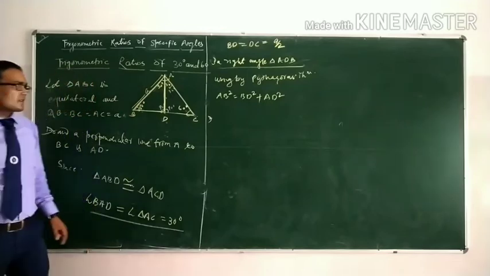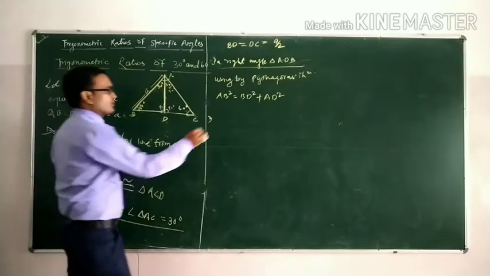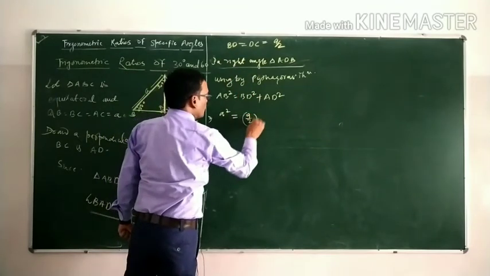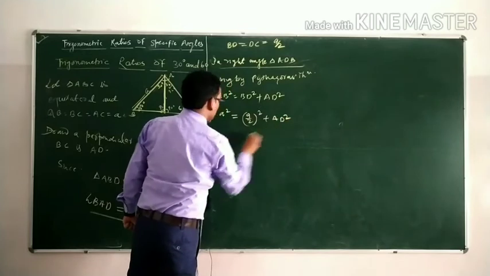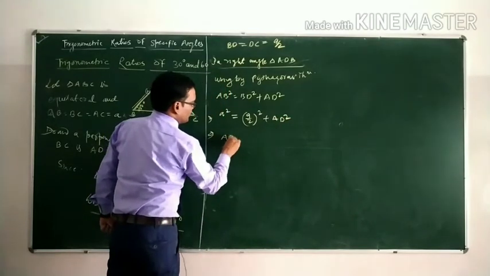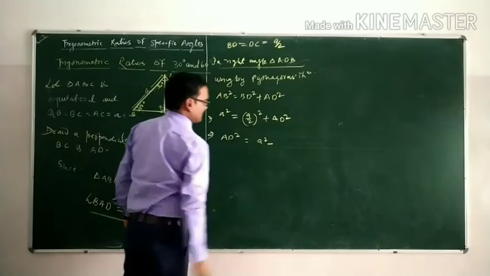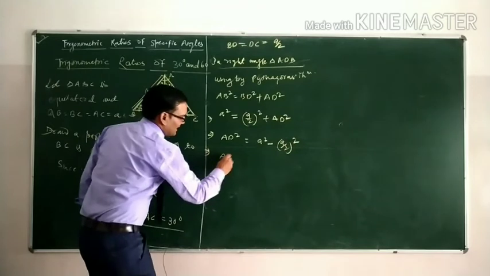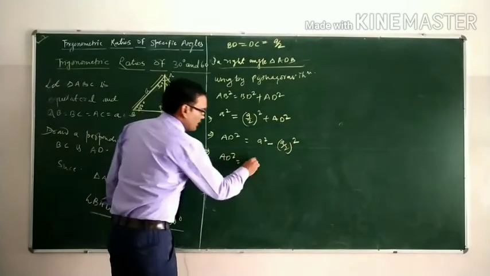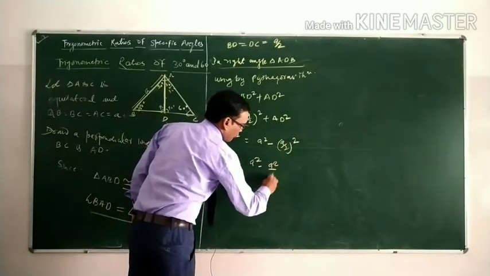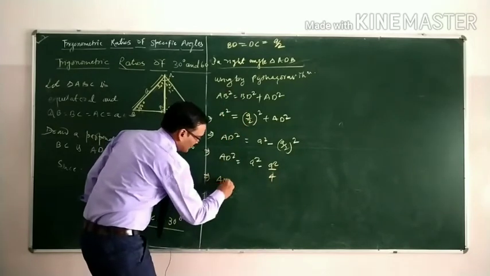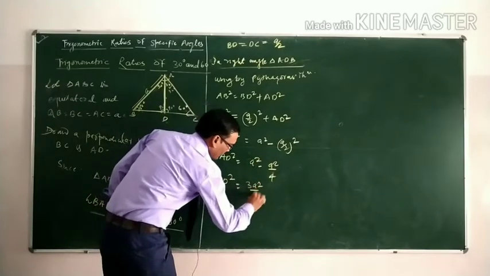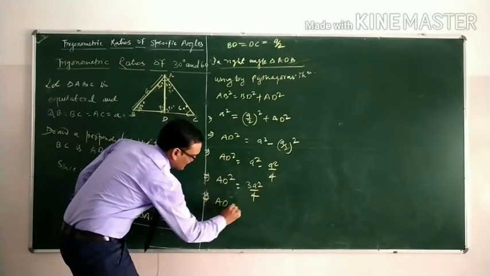Here the value of AB is A, and the value of BD is A by 2, plus AD square. This implies that AD square equal to A square minus A by 2 whole square, which is A square minus A square upon 4. This implies that AD square equal to 3A square by 4.